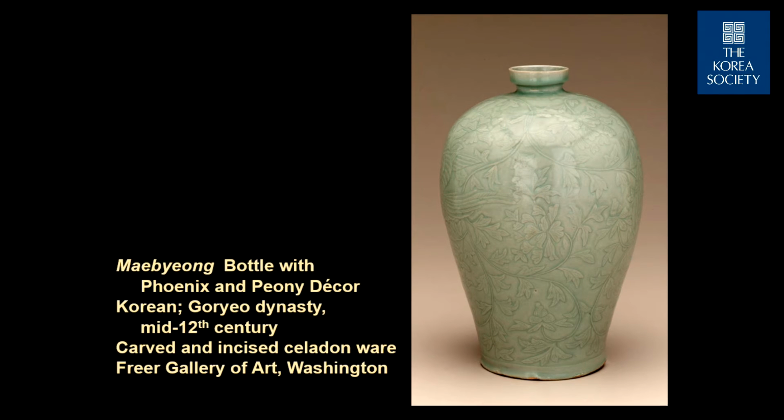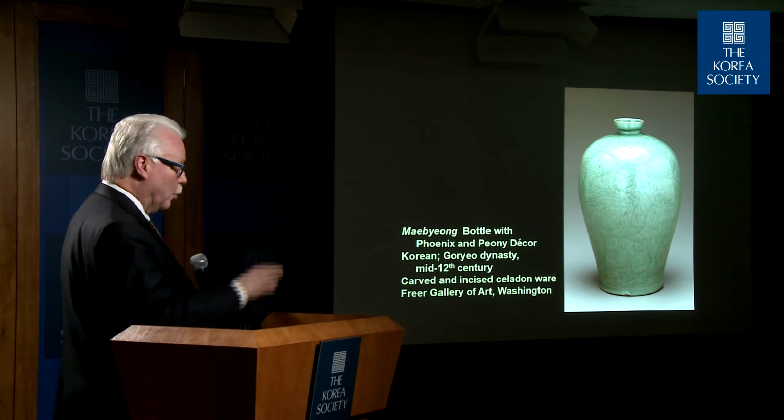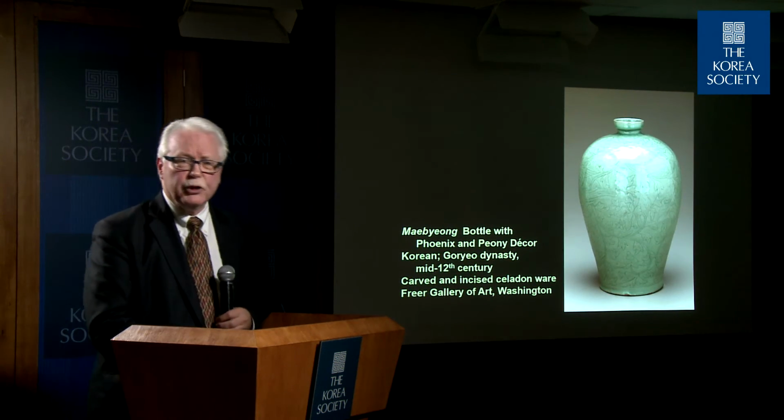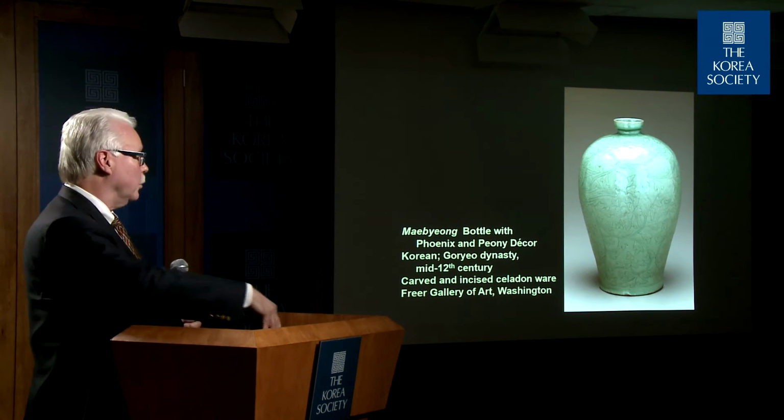And then there were ones like this with carved decoration instead of just incised decoration. The difference being, for an incised decoration, they will use a small pointed implement like a stylus. It might be compared to a pencil drawing, for example. With carved decoration, they're actually using a little scalpel, perhaps not metal, more likely bamboo, possibly wood.